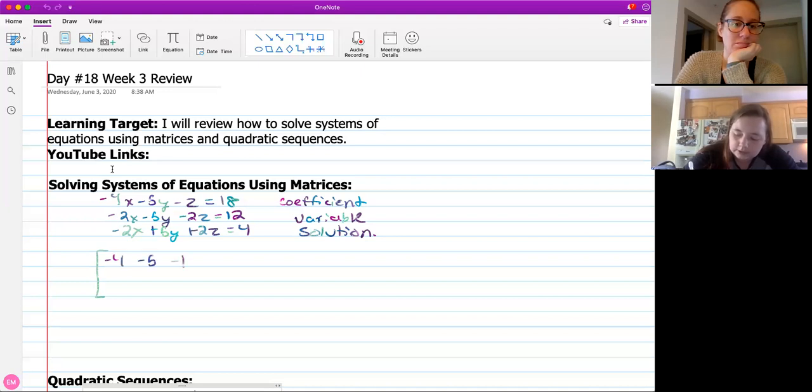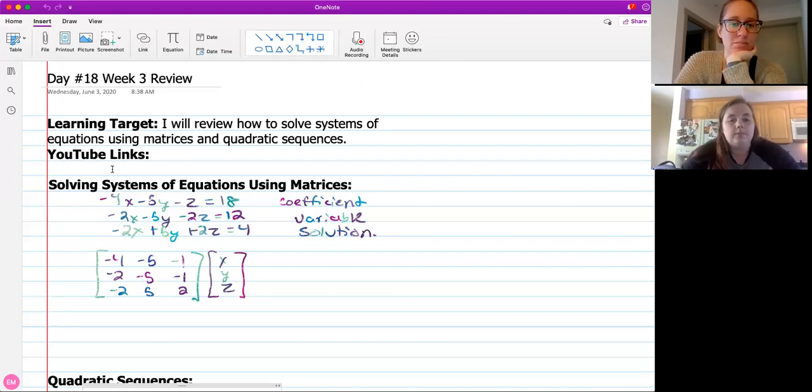Remember that your coefficients just go in row by row, just like that, because we are going to put our variables in by a column. So when you go to multiply, they all multiply to the right spot. Essentially, you're just taking all your coefficients and putting them into a matrix. You're not changing them, you're not moving them.